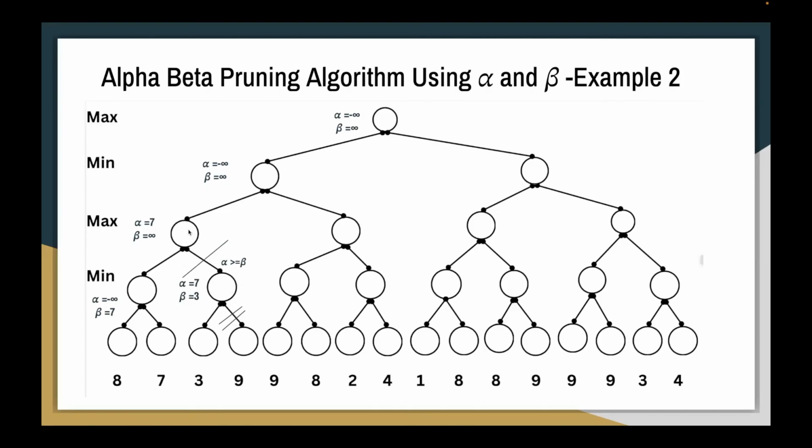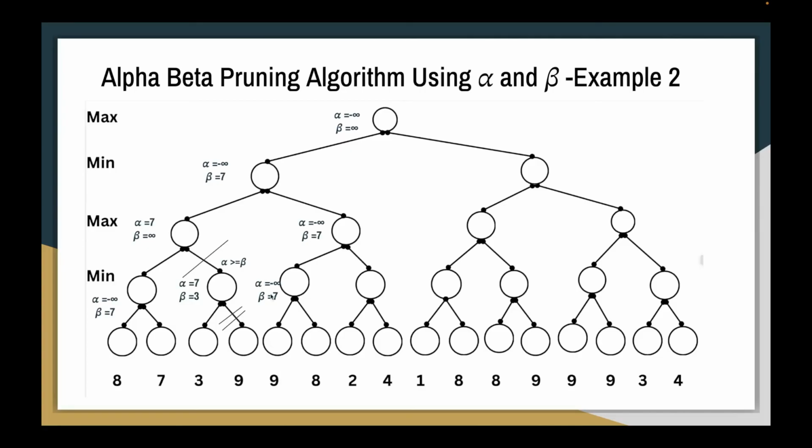Now this value will be passed to the minimizer. In this, the minimum value is 7, so here beta will become 7. The same value will be passed to the next node. Alpha is equal to minus infinity and beta is equal to 7, and vice versa.